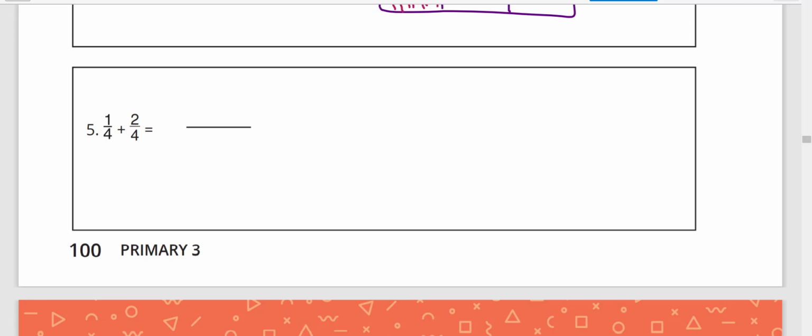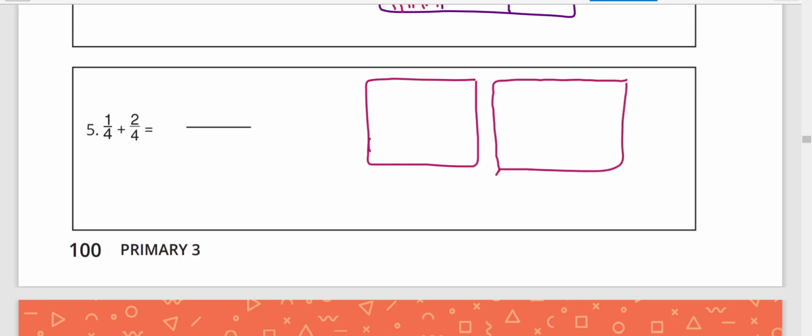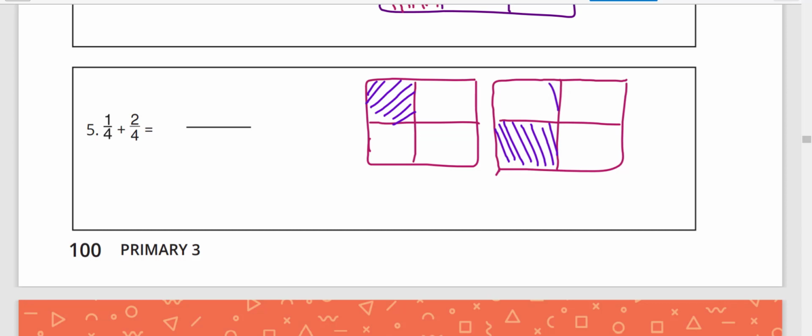1 fourth plus 2 fourths equals what? Draw two models and divide each into 4 equal parts and shade in the first model one part, and the second fraction shade 2 parts because the numerator equals 2, and add the two fractions.